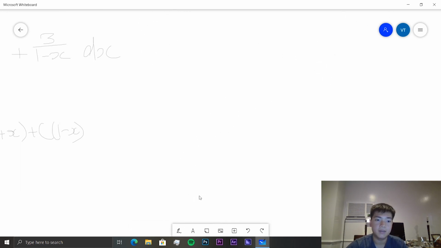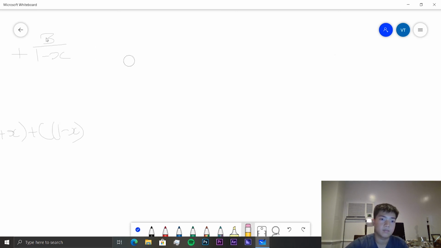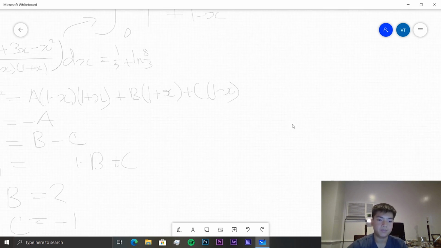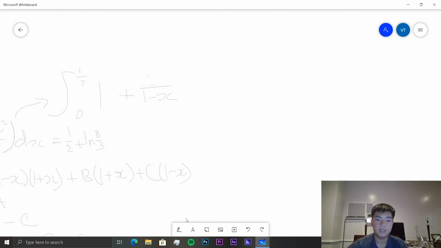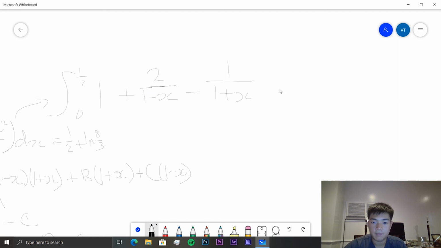So we actually have b is 2, c is −1. So this is the integral of 1 plus 2 over (1 − x) minus 1 over (1 + x) dx.